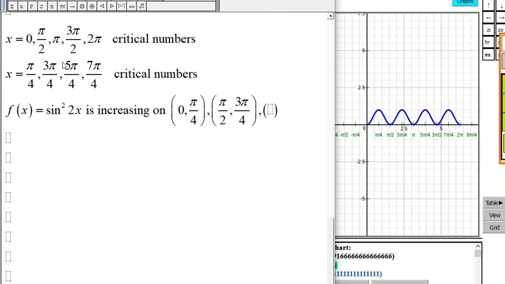So it would be from here to here, from pi to 5 pi over 4. And then the last one is from 3 pi over 2 to 7 pi over 4, so from this number to this number.